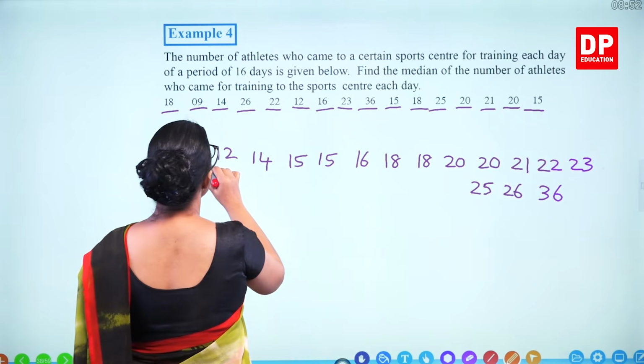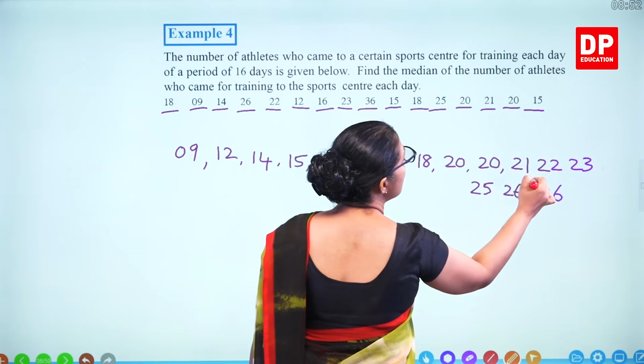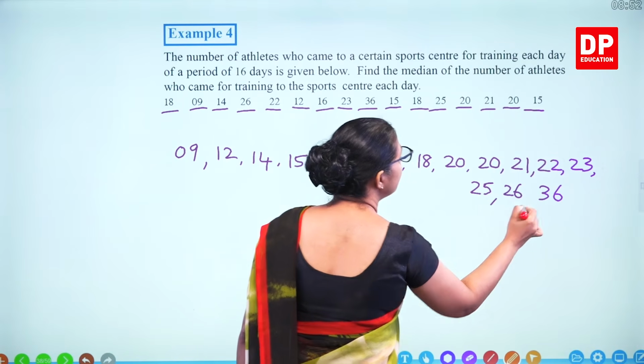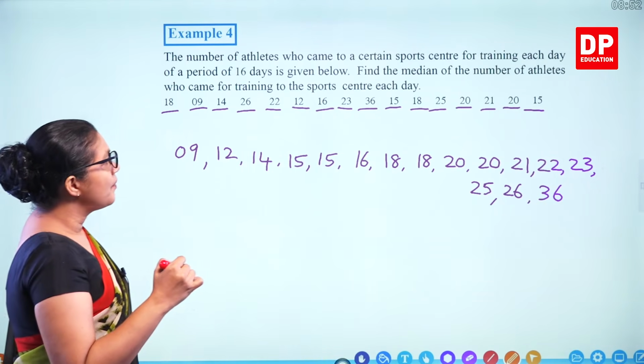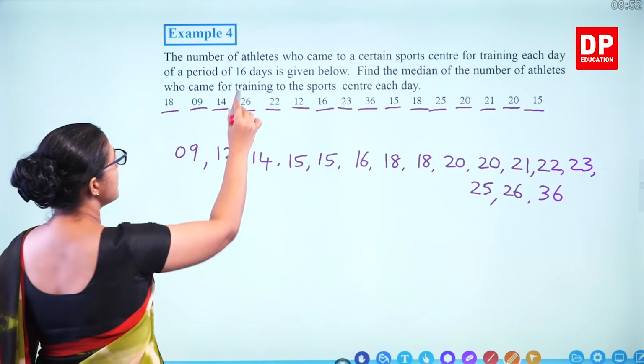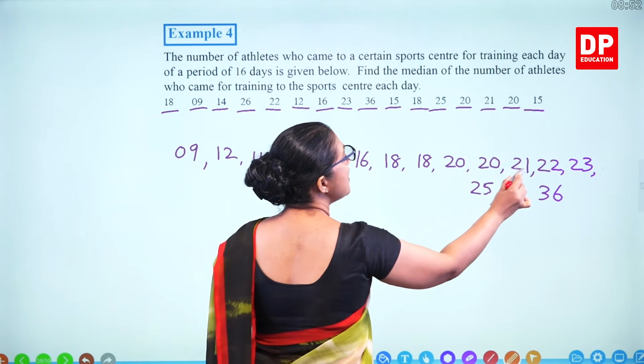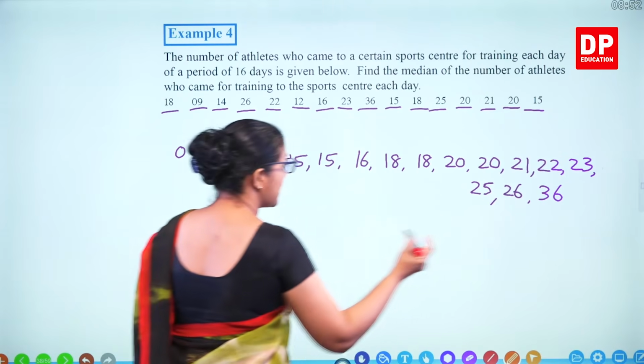So this is in ascending order. How many numbers are there? It says 16. 1, 2, 3, 4, 5, 6, 7, 8, 9, 10, 11, 12, 13, 14, 15, 16.